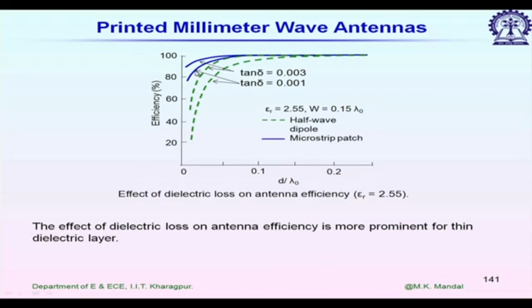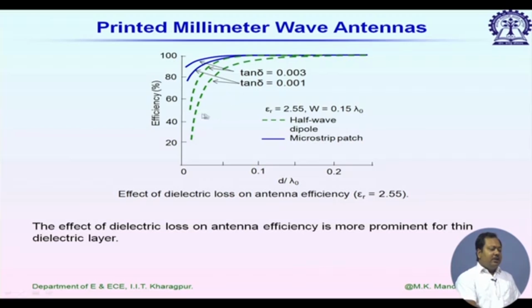So, look at the plot then. When d is small compared to lambda naught, loss increases sharply. This loss is due to the dielectric loss and this is because of the increased electric field intensity value. But if we increase the thickness of the substrate to some point, then the dielectric loss is negligibly small, and as we expect, higher tan delta value is providing higher loss compared to the smaller one.